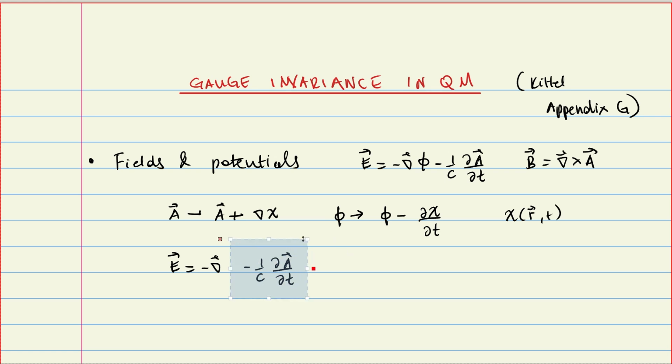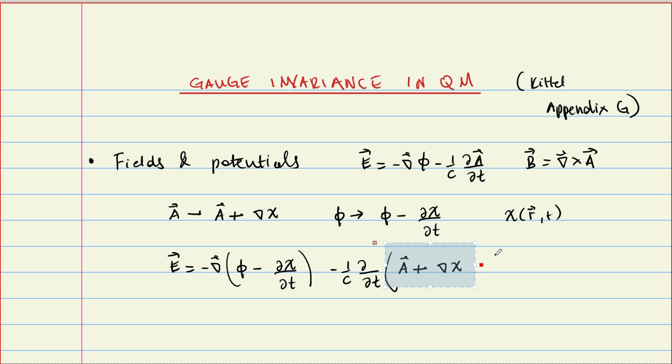So let me substitute here. This is the new gradient, and for A, I'm going to substitute this. One can see this is the gradient of the time derivative, and there's minus, minus, plus, minus.